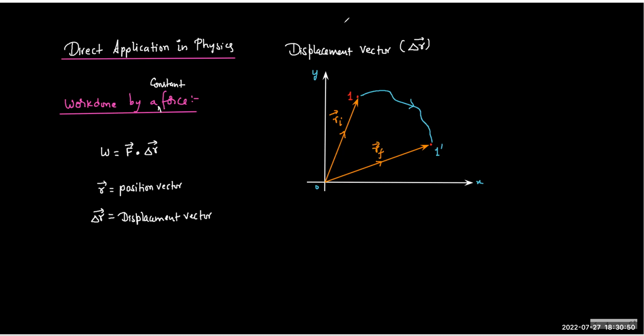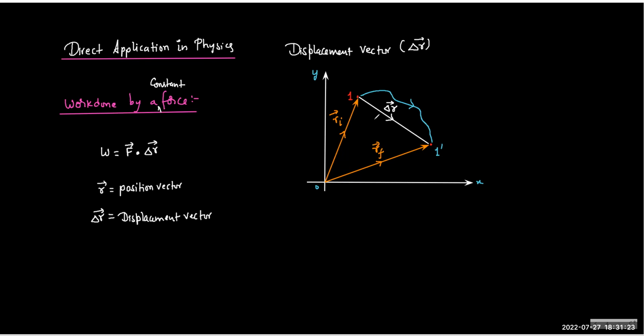So it seems like you got displaced from here to here. Displacement is a vector which always points towards the final destination from the initial destination. So you were at 1 and now you are at 1 dash, and therefore the line joining these 2 points with the proper arrow represents the delta R vector.